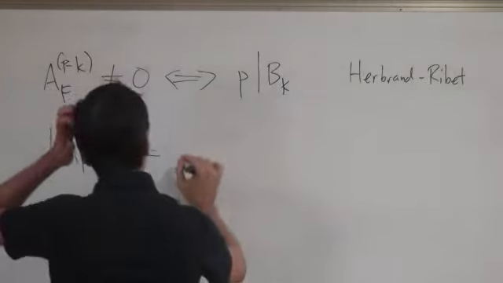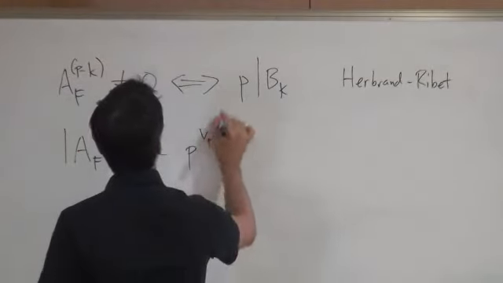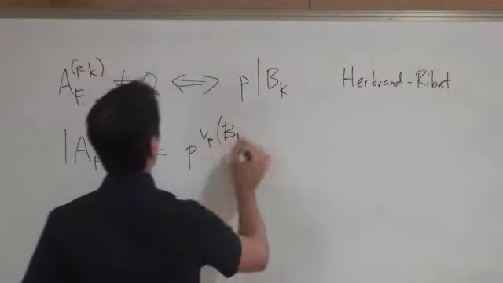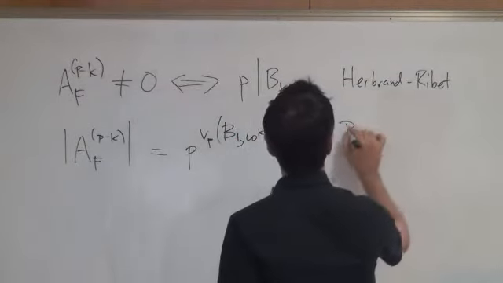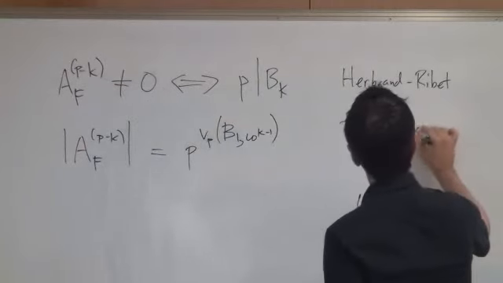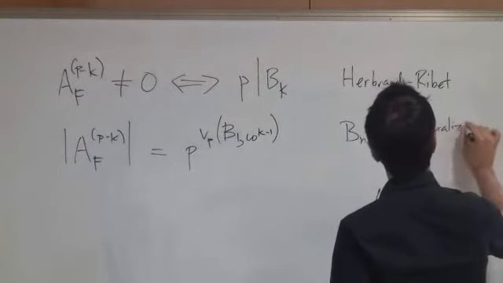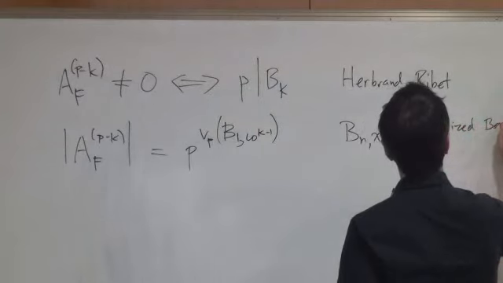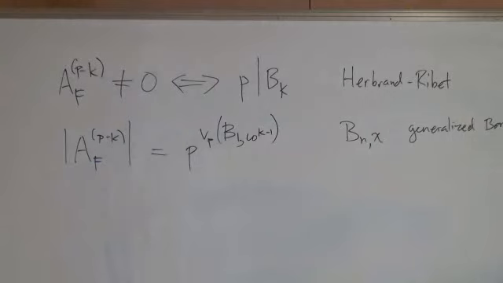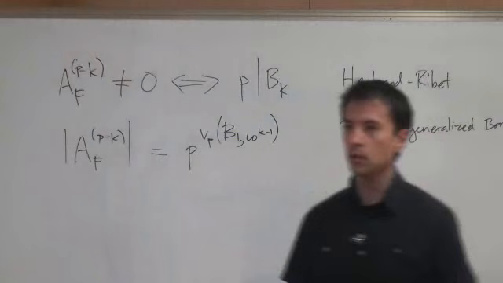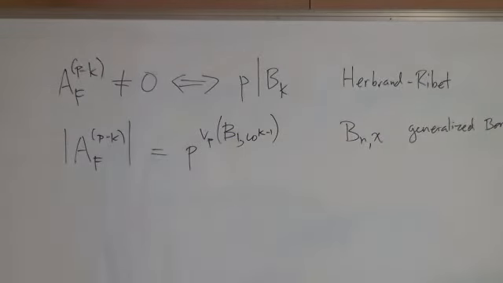It's p to the p-adic valuation of B_{1,omega^(k-1)}. Here B_{1,chi} is a generalized Bernoulli number, defined in a similar way, involving a sum of characters against a Bernoulli function. So you can explicitly determine the order of this eigenspace, although that doesn't tell you whether it's cyclic or not, just the order.